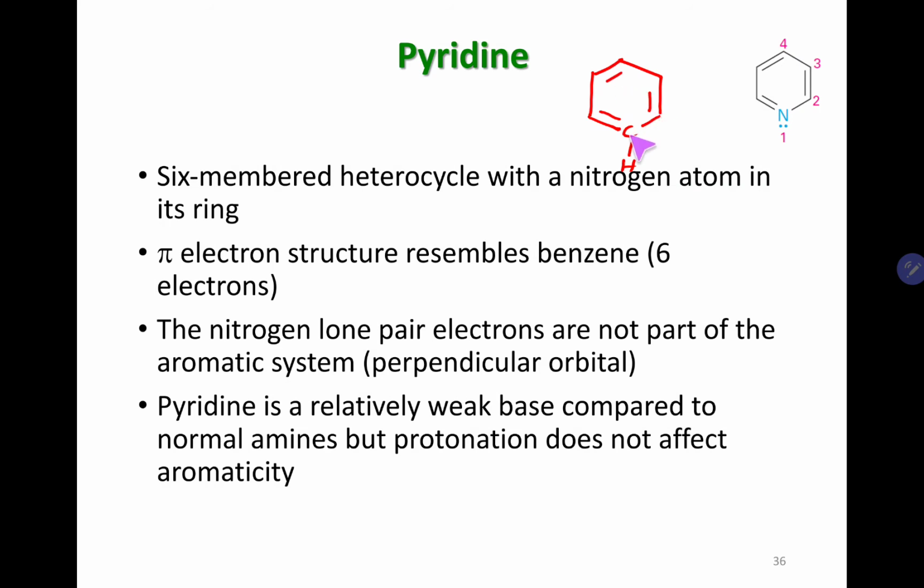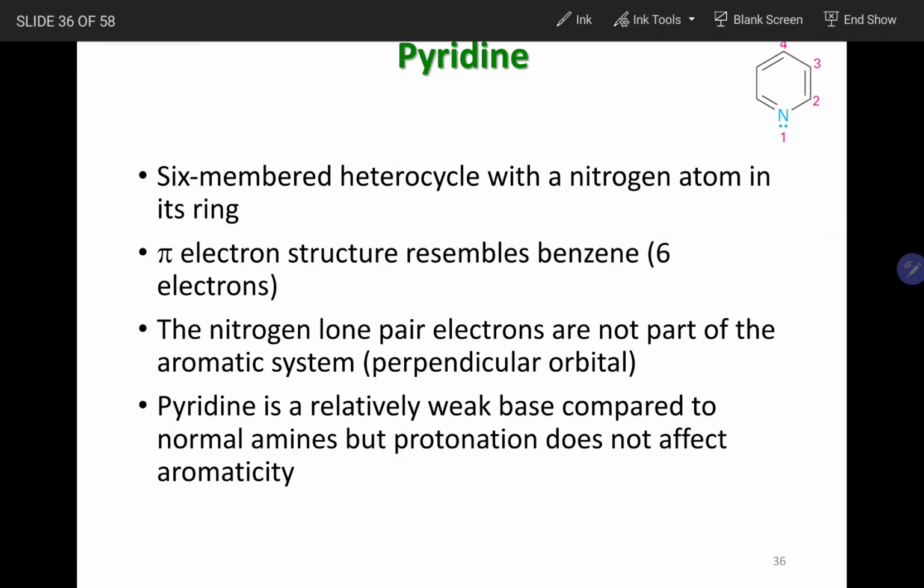This is benzene, and I'm going to label this carbon. The difference between benzene and pyridine is that this carbon, the carbon hydrogen bond, is replaced by nitrogen with its lone pair. You can think of it very mechanically, to be honest.